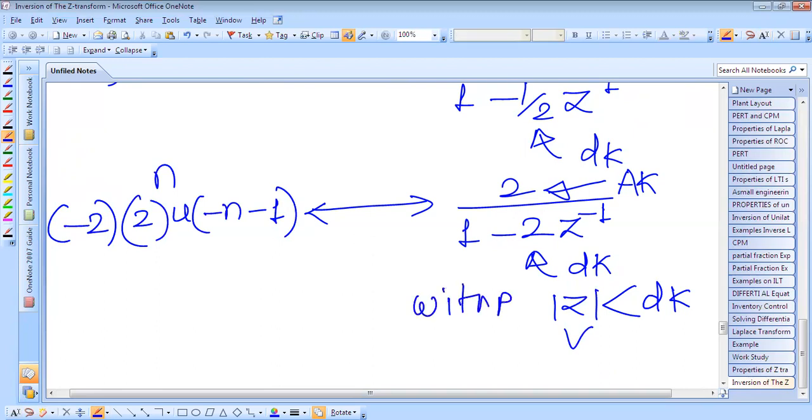This is the inverse Z transform of the second term.